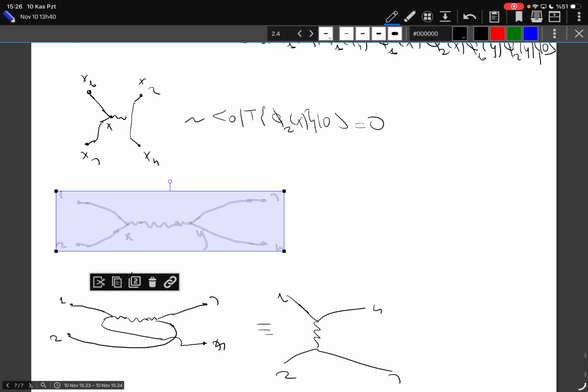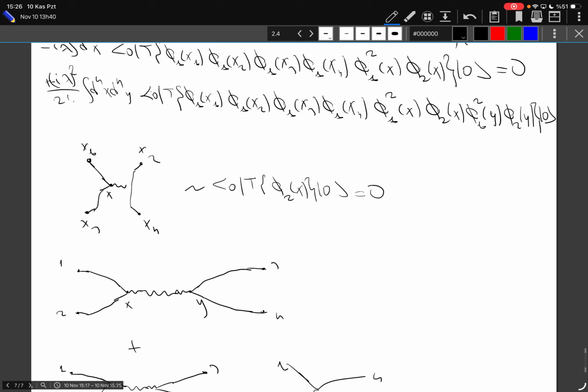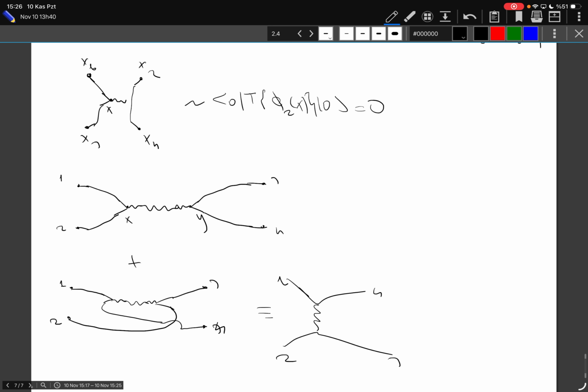Remember, I'm integrating over X and Y. X and Y are just dummy variables. I can change their name. If I change their names, I recover exactly the same diagram as this one. So I have to multiply this diagram by 2. I don't need to calculate a second diagram. This computation and the other ones where X and Y vertices are exchanged, they will contribute the same thing.